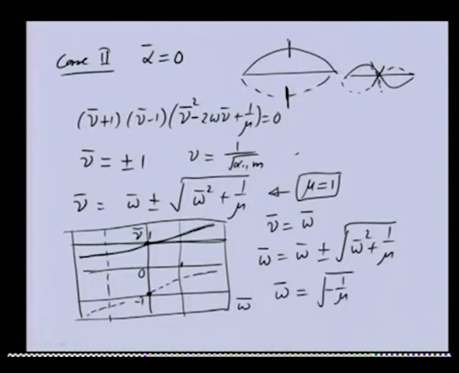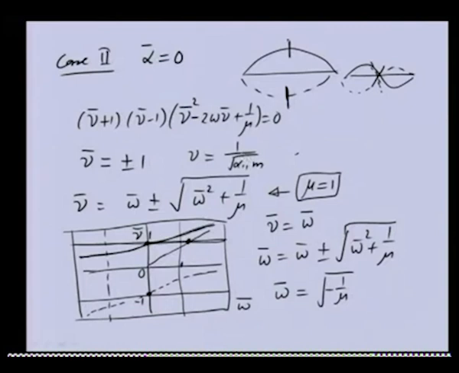In this particular plot, the nu is equal to omega line, if we draw, is nothing but a 45 degree line. If we draw this particular line here, it will intersect here, and that will correspond to this critical speed.